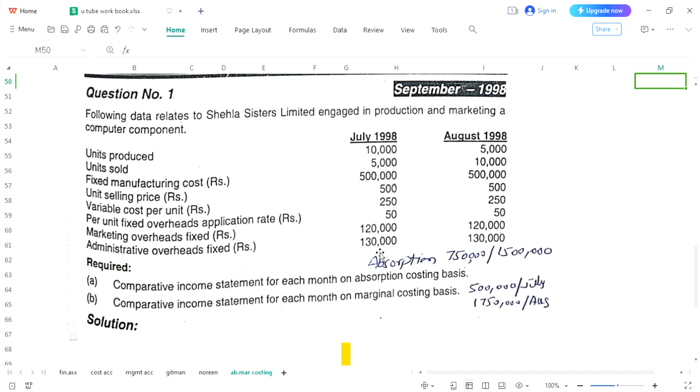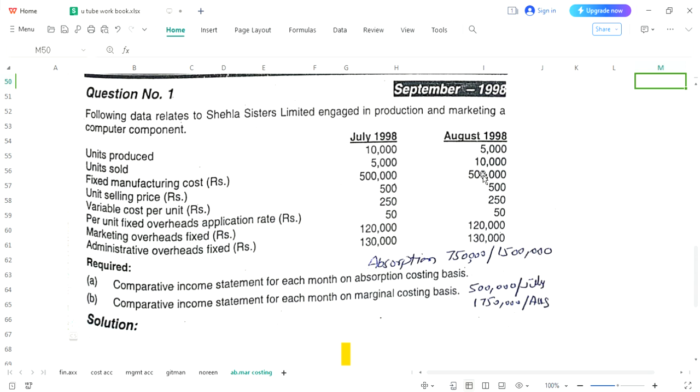We have data for two months, July and August. Overall, it means this question has four parts. That means we will calculate absorption costing for the month of July and absorption costing for the month of August. Then we will see marginal costing for the month of July and marginal costing for the month of August.